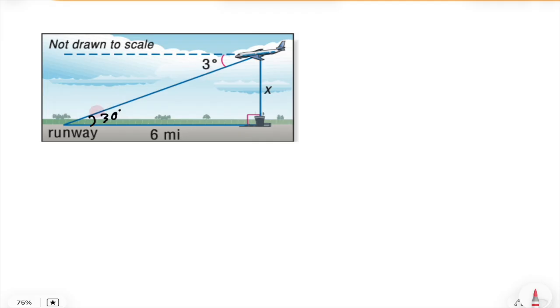So if this angle is 3 degrees, that angle is also 3 degrees. I wrote it wrong, 3 degrees here, 3 degrees. So what do we have? Opposite is x, hypotenuse is missing, and adjacent is given, it is 6 miles maybe.